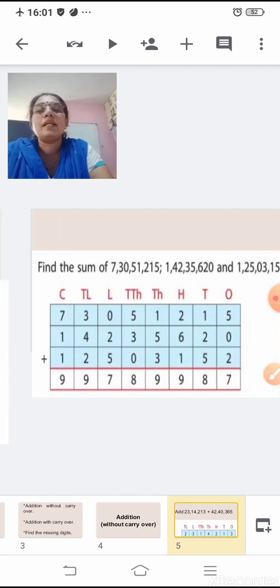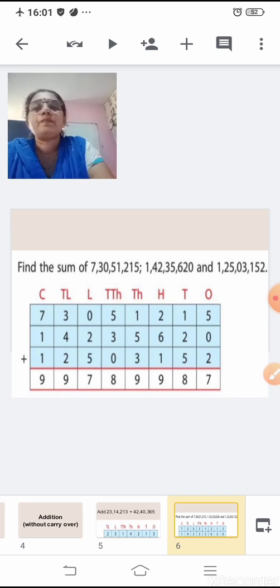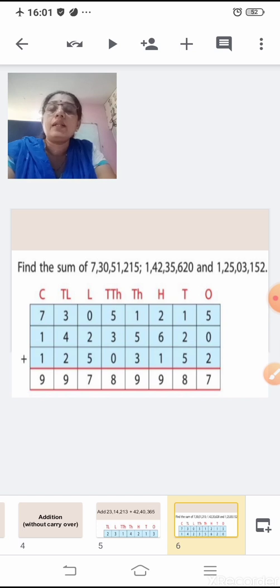Let us see the second example. Here three numbers are given, and all three numbers are 8 digit numbers. The first addend is 7 crore 30 lakh 51,215. Simultaneously, have the habit of reading the numbers; it will give you practice in how to read the numbers.